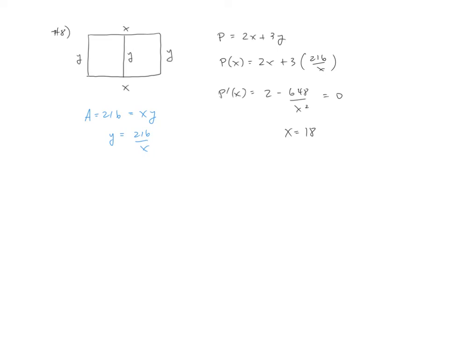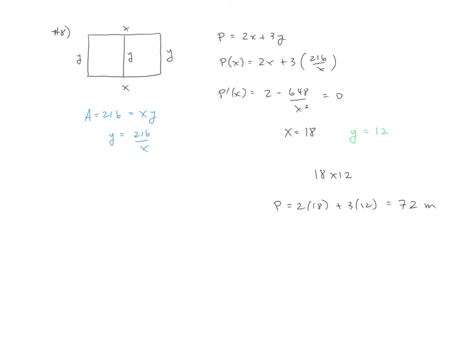To find my y value, remember now I'm just going back into the constraint. 216 over 18 gives us 12, which gives us now the dimensions of an 18 by 12 fenced in area. And then to find the actual perimeter, we just plug in the known values. So we'd have our 2 times 18 plus 3 times 12, which gives us 72, looks like meters in this particular case.